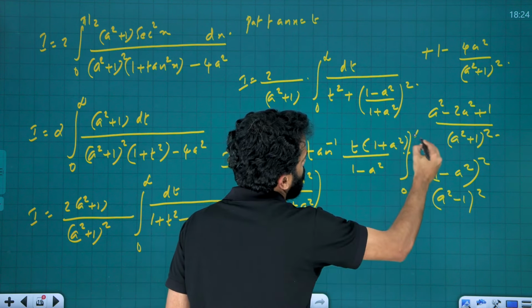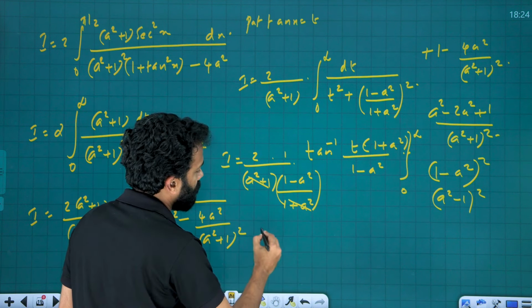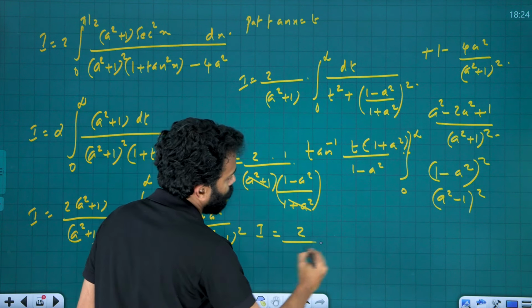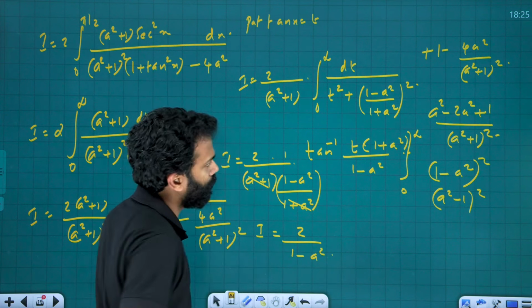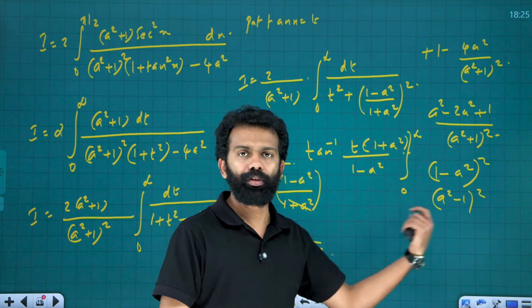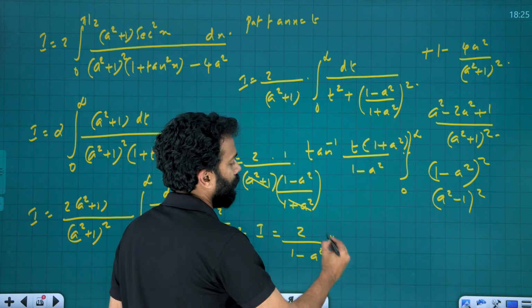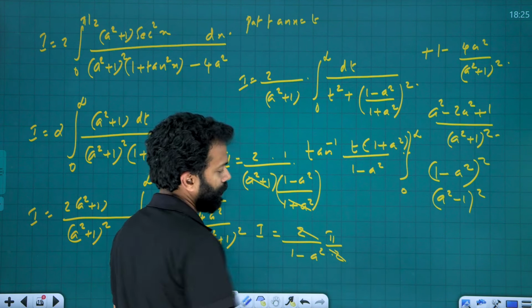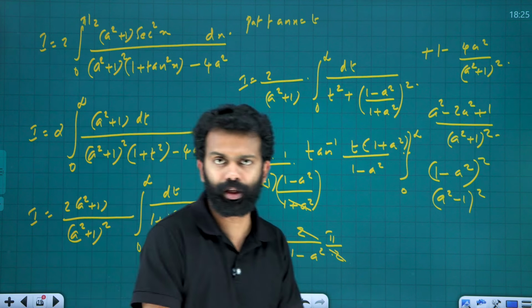The limit was 0 to infinity, and this got cancelled, that is I is equal to 2 by 1 minus a square into 0, there is no need of substituting, it will be 0, infinity it will be what? Tan inverse infinity is pi by 2, that is pi by 2. If you cancel this and this, the final answer will be pi by 1 minus a square.